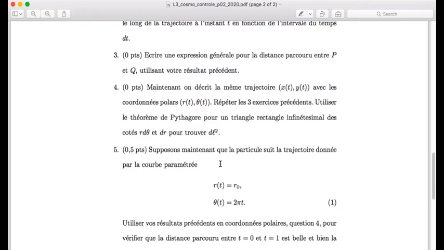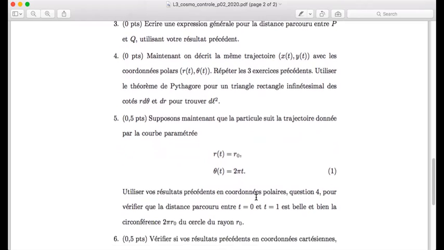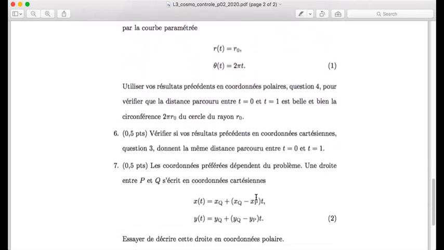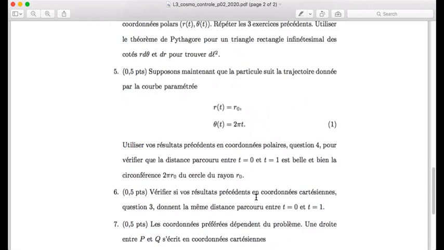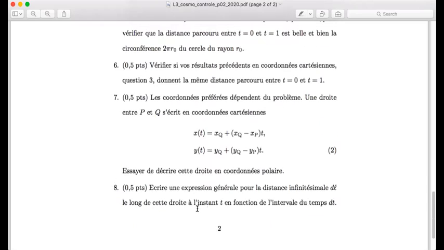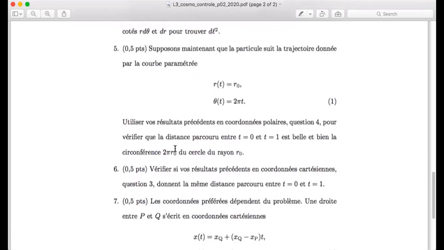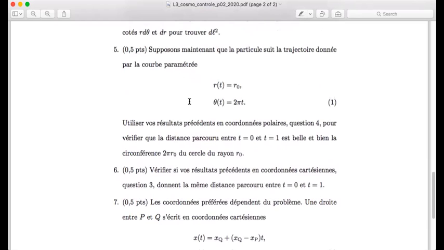Okay. And now we're getting into the part of the control that you're supposed to do, for half a point for each of these exercises. I've made the curve a concrete example now, just to keep it simple.